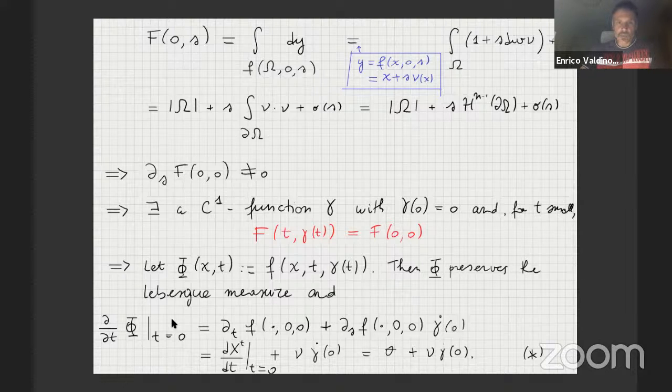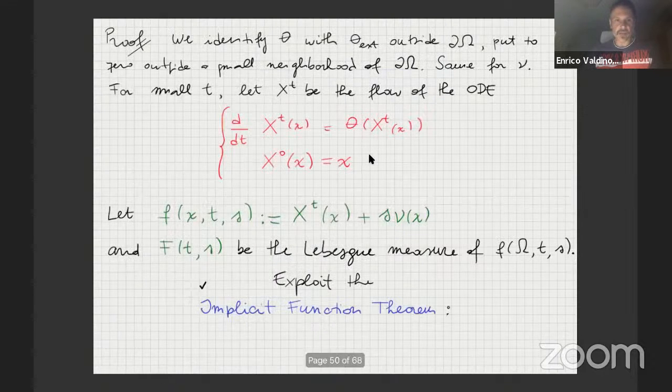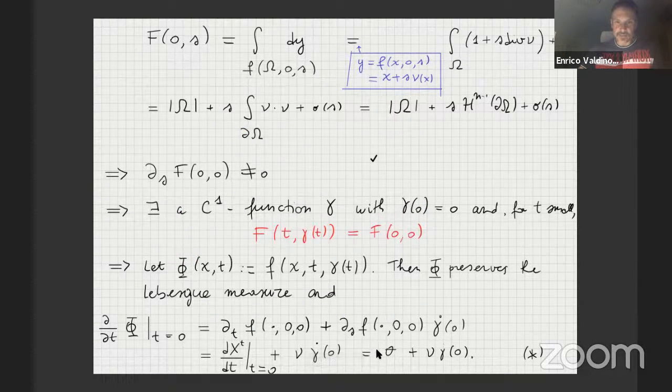Well, when you take derivatives in t, you look at the definition of f, right? The definition of f, when you put s equal to 0, you take the derivatives in t, you get exactly theta. That is the thing that you want.